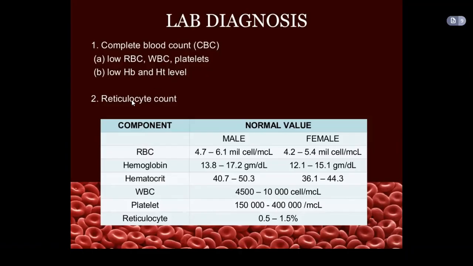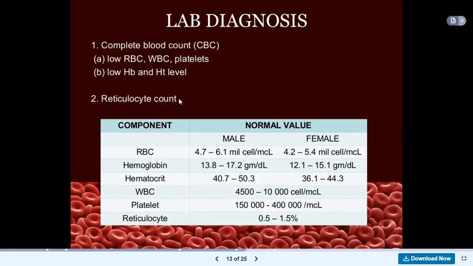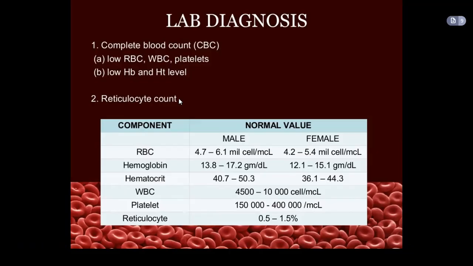Then reticulocyte counts would also be very low, because your reticulocytes are produced more when there is regeneration or replacement, if a patient had bleeding and lost a lot of blood, so that your bone marrow begins to produce more red blood cells to replace the destroyed red blood cells.